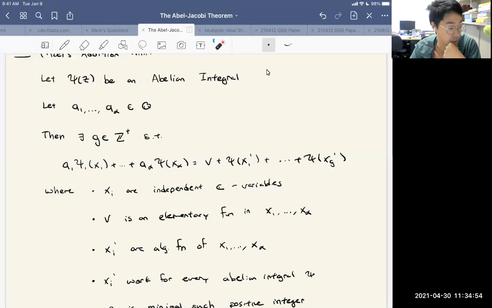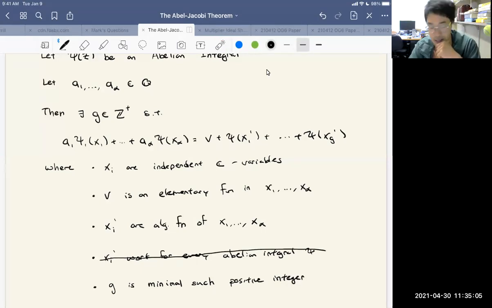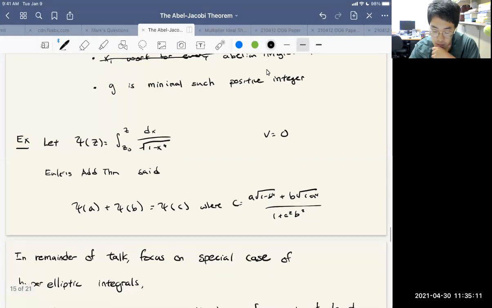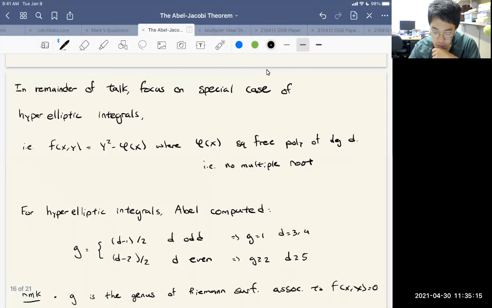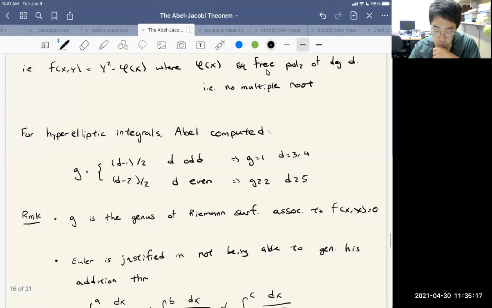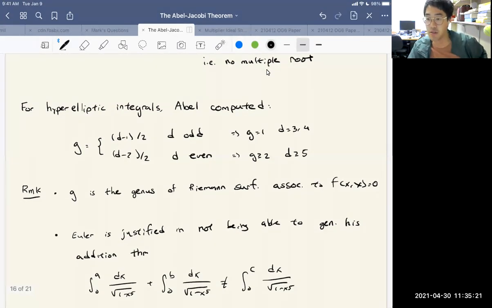I think I would need to think a little bit more about the precise statement. So let me cross this one off right here. Let's pretend like I didn't make that statement. But yeah, it is a little bit surprising that it doesn't depend on alpha from this perspective. We'll see a little bit more later on when you formulate things in the modern language. It's a little bit more clear what's happening.